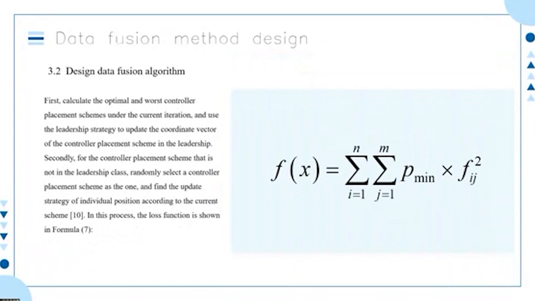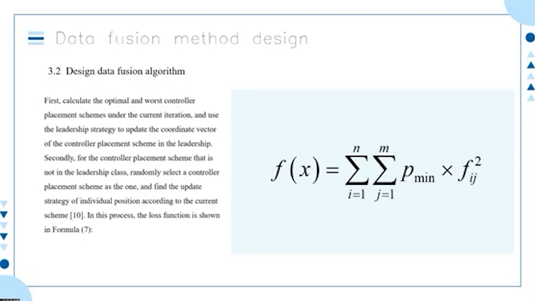And the design's data fusion algorithms. The first is to calculate the options and words control placement schemes under the current iteration and use the leadership strategy to update the coordinate vector of the control placement schemes in the leadership.